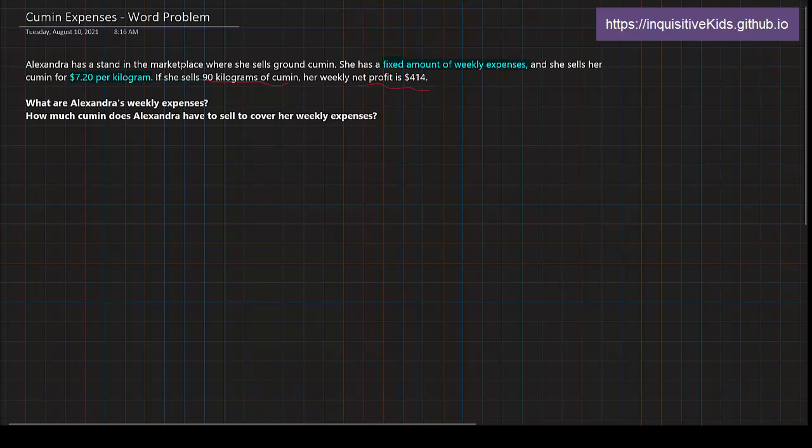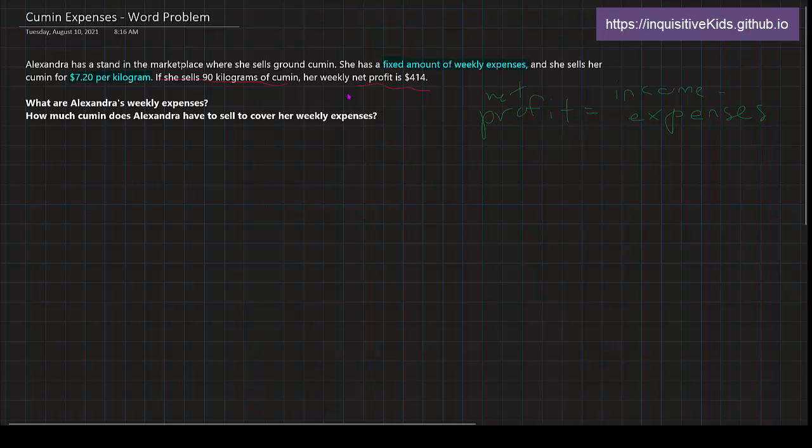But now let's quickly go over what is the definition of net profit. Net profit is basically the income minus the expenses. So net profit, that's income minus expenses.